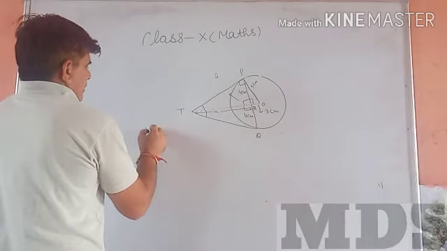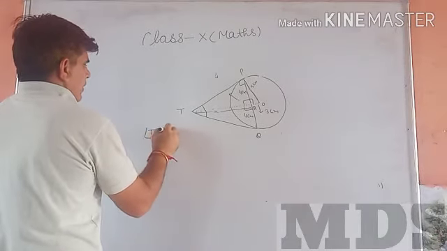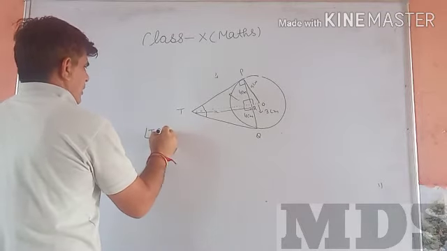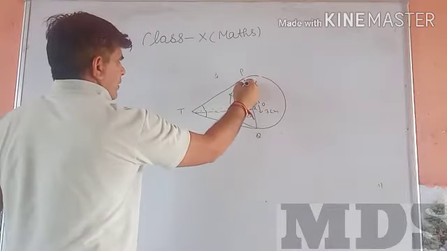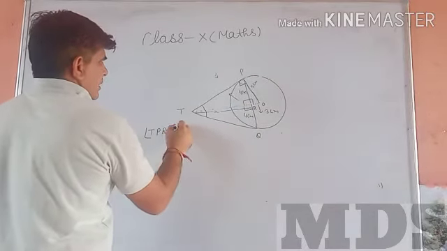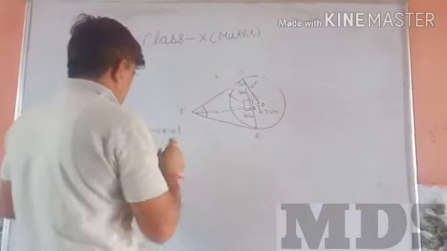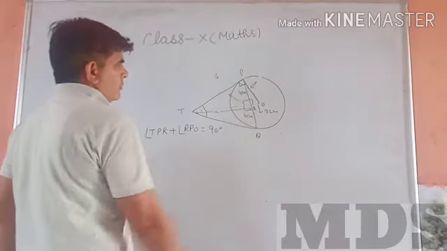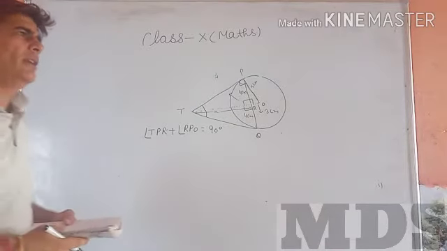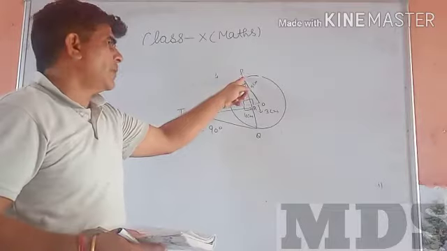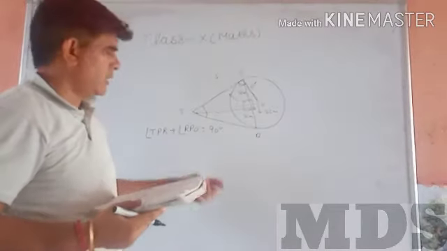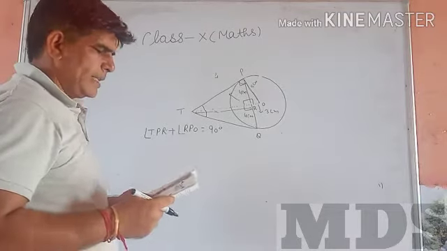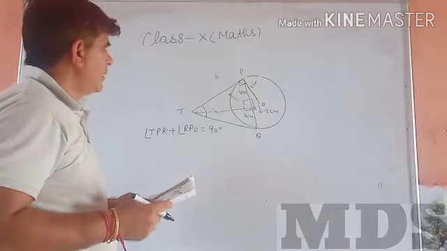Angle TPO equal to 90 degrees or not? 90 degrees. This is the point of contact. So from the center, what is that? 90 degrees.